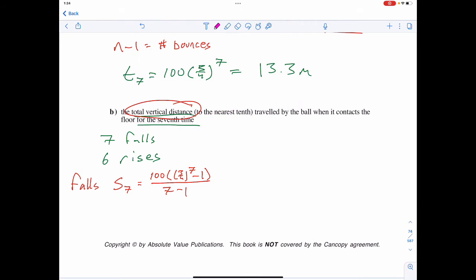Now, if you think of how a ball works, that's just for the falling. So that's only accounting for where it's falling.